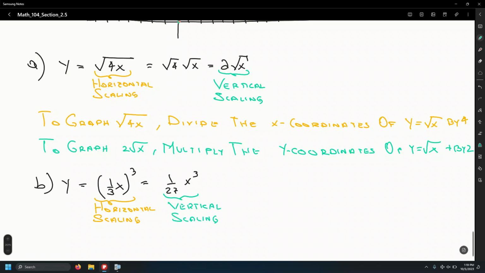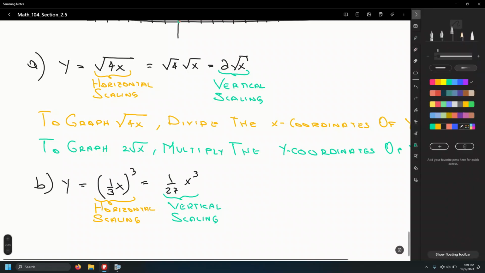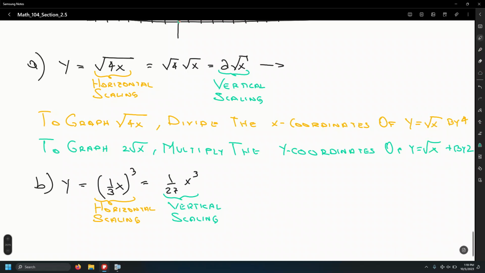One thing I forgot to write on the previous exercise is to identify the parent function. I said it anyway, but let's just do it from the very beginning: y equals the square root of x.